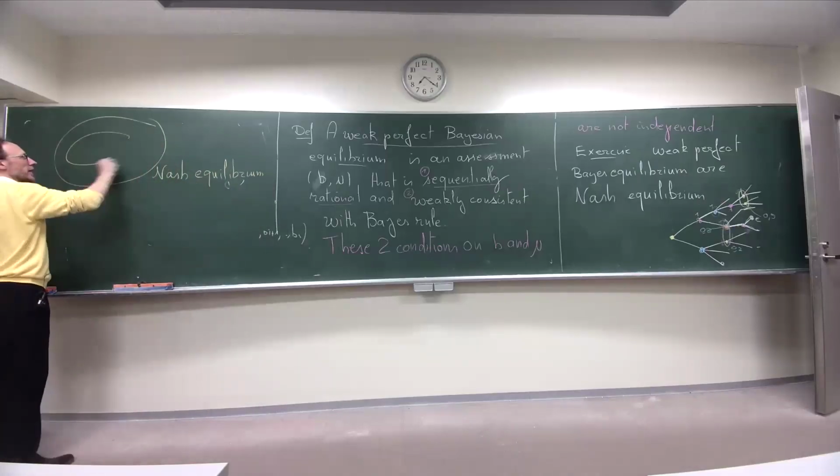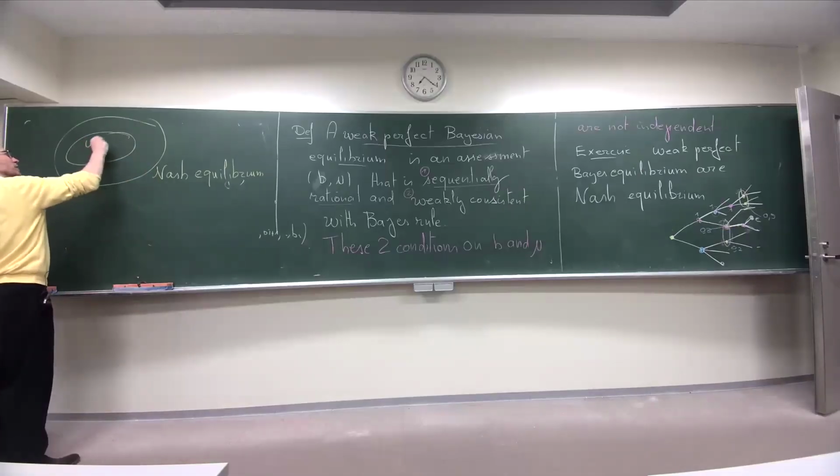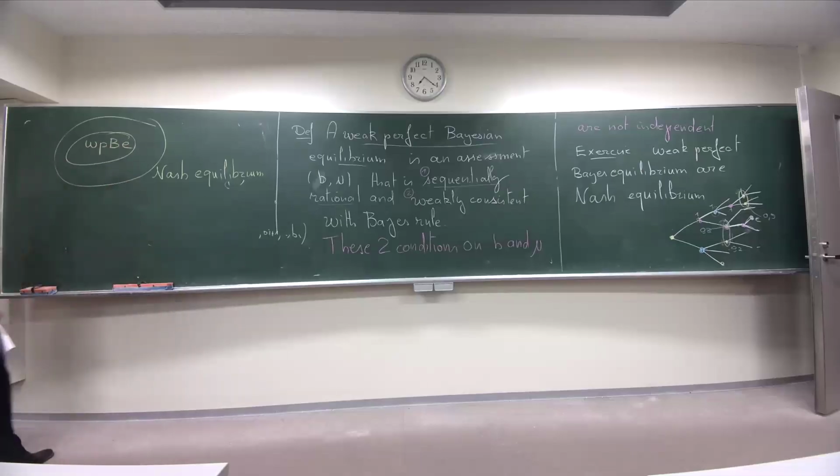But now inside, we have this WPBE. Inside the set of Nash equilibria, we have those ones which are better. But there are Nash equilibria which are not weakly perfect Bayes equilibria.